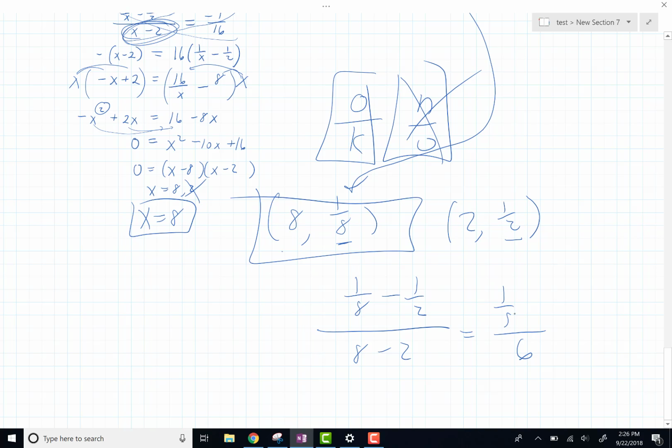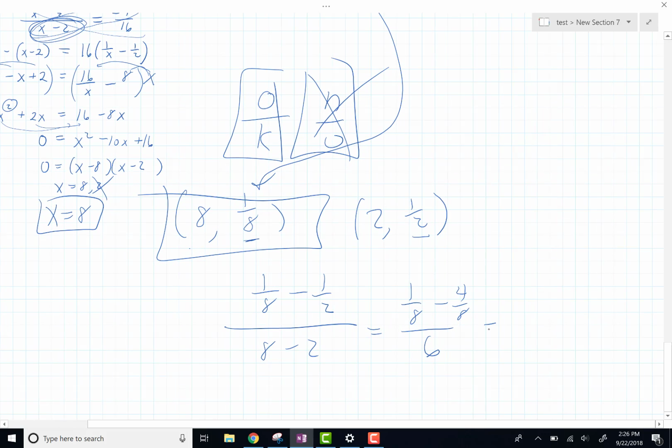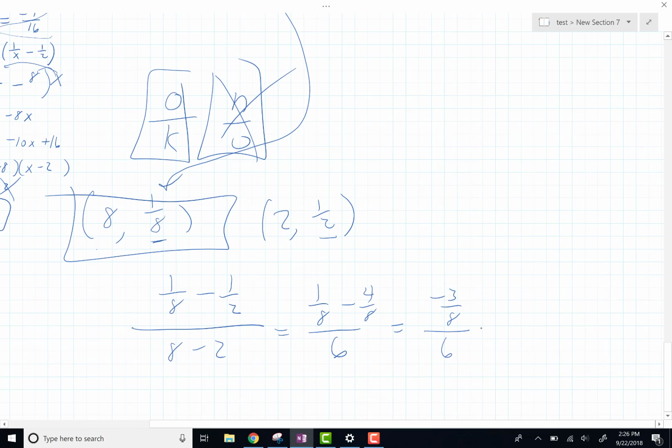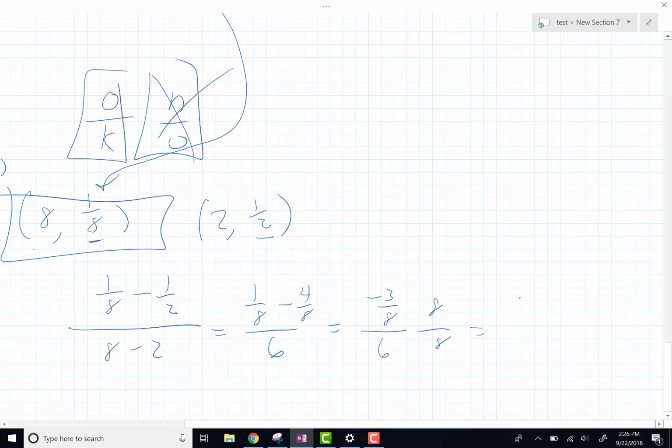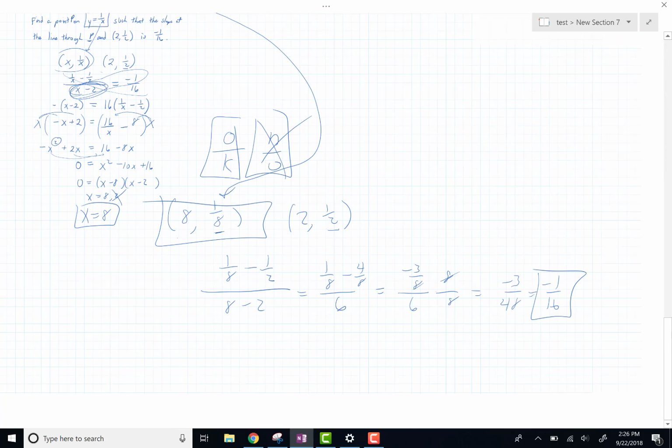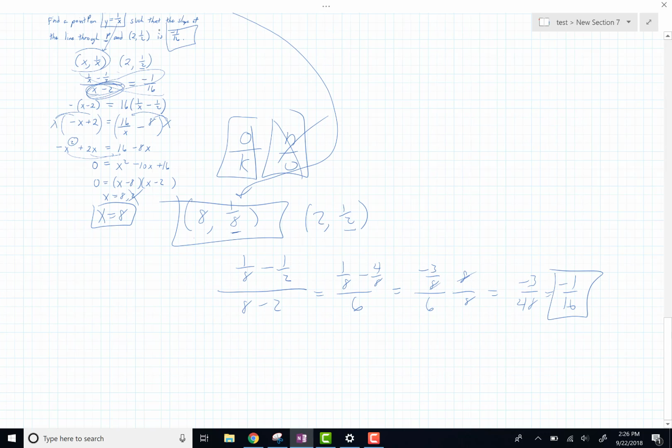The top is 1/8 minus 4/8, which is negative 3/8 over 6. If I multiply top and bottom by 8, I get negative 3 over 48, which, thank goodness, is negative 1 over 16, which is what they wanted. Yes! Happy. Awesome.